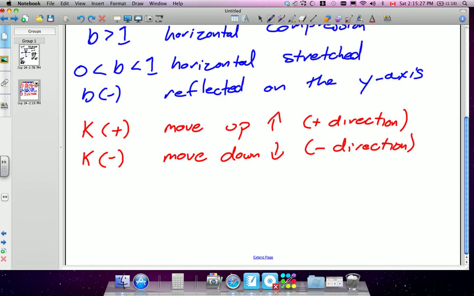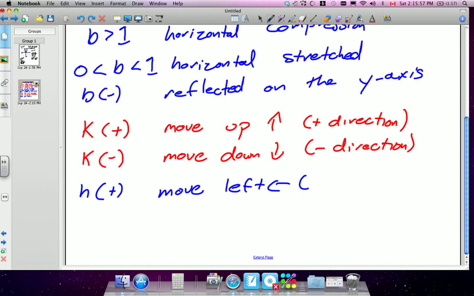It makes logical sense. Now, just like b with a, h has the opposite effect. So if h is positive, we're going to move left. Okay? What direction is left on a graph? Do you know? Remember I said before, k only deals with up and down, and h deals with left and right.